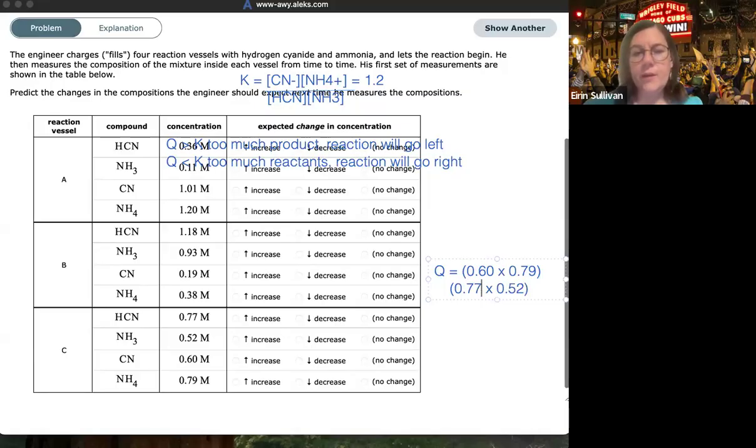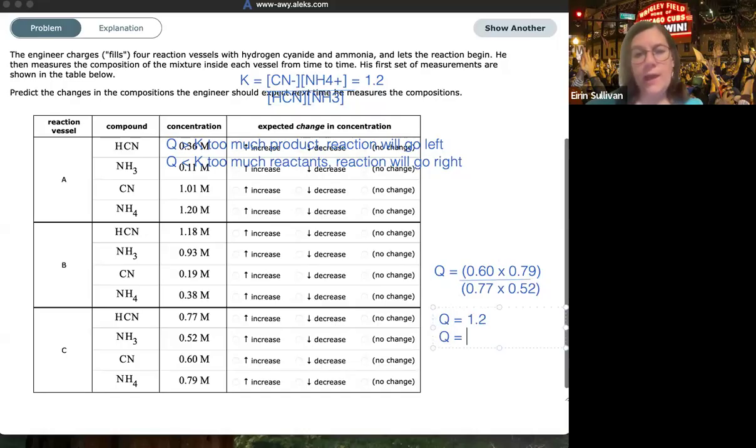All right, so let's calculate Q and then compare it to K, which was 1.2. So I get 0.6 times 0.79 divided by 0.77 times 0.52. I get 1.2. So Q equals 1.2.